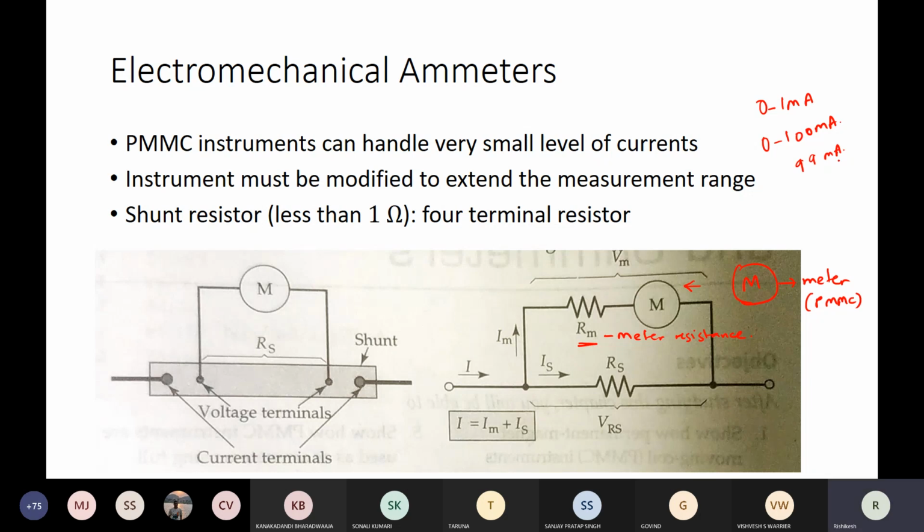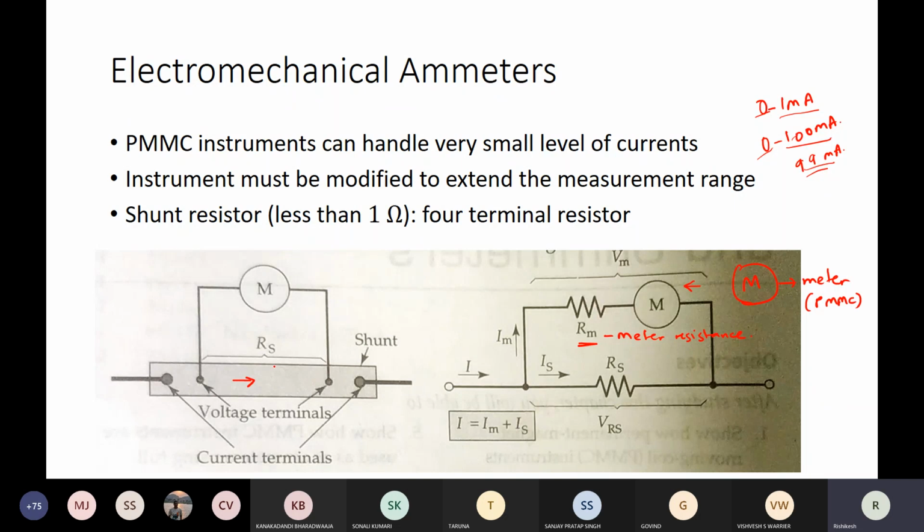You cannot pass this much current, it will damage the instrument, right? So to bypass the extra 99 milliampere, when 100 milliampere is there, I want to show it as 1 milliampere. When 0 is there, I want to show it as 0. So that extra 99 milliampere is bypassed through the shunt resistance.